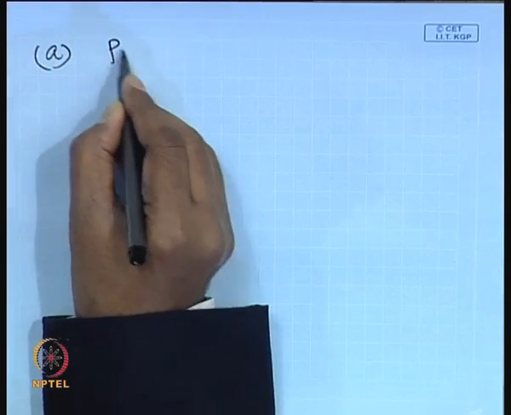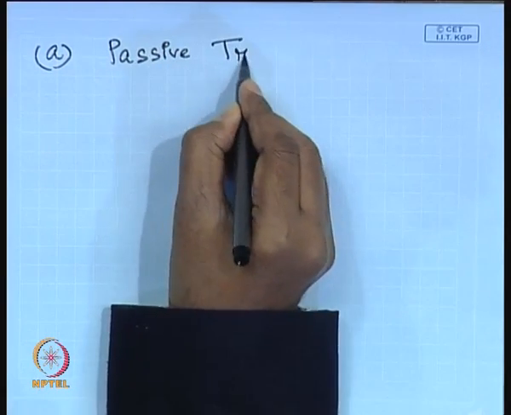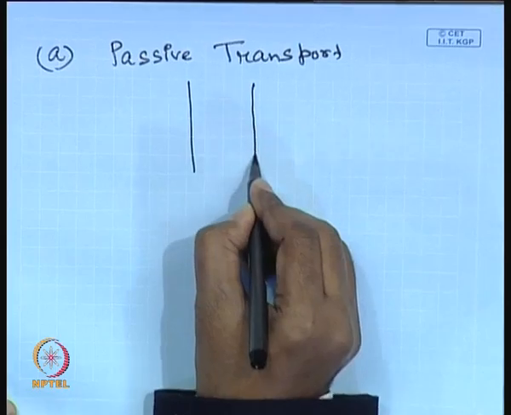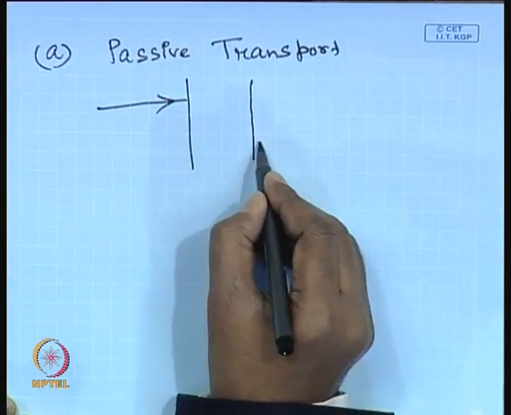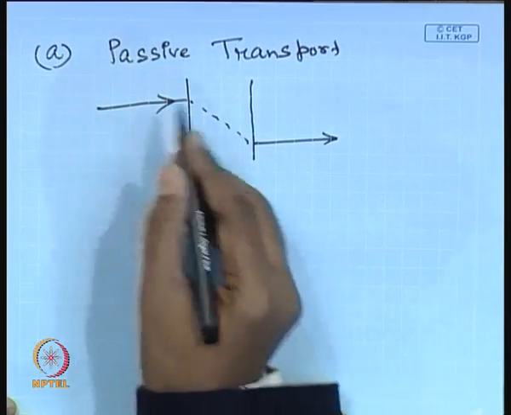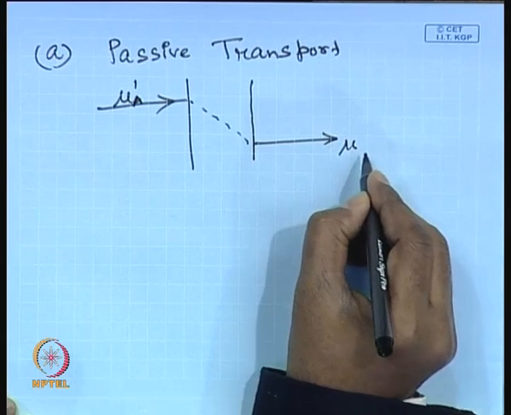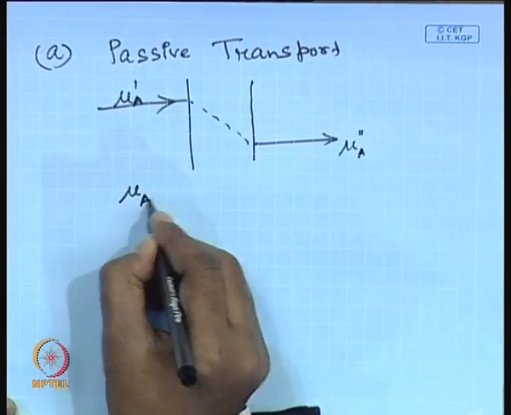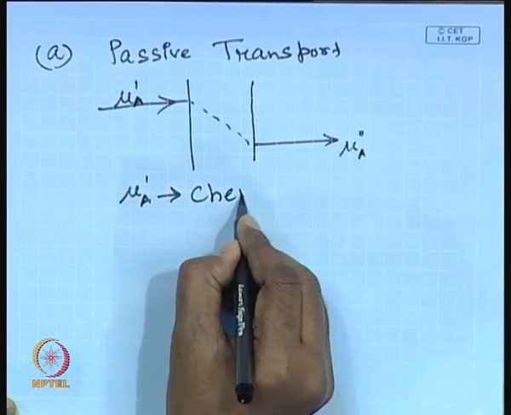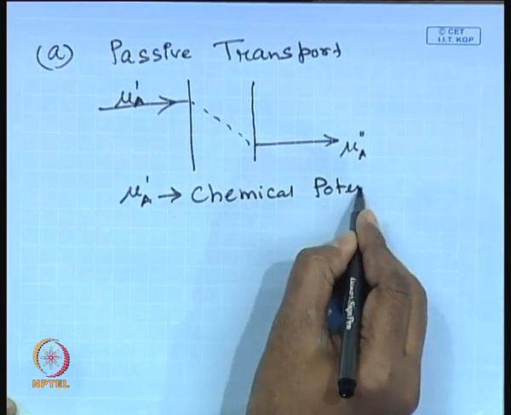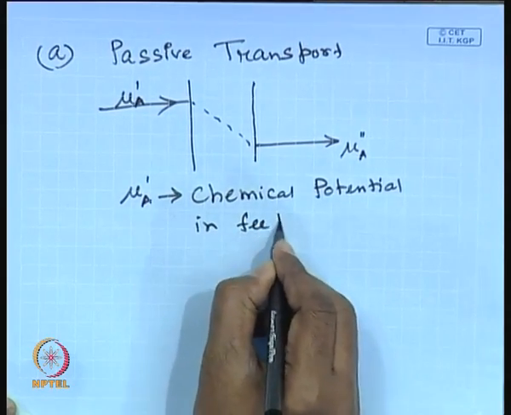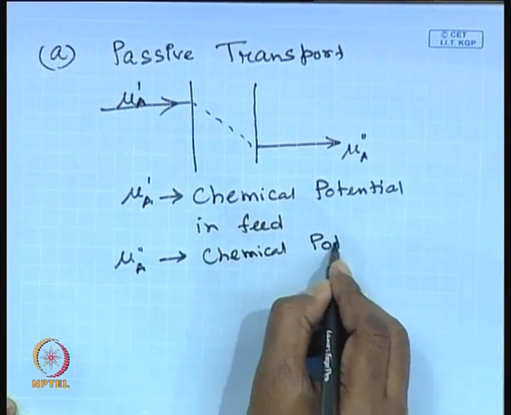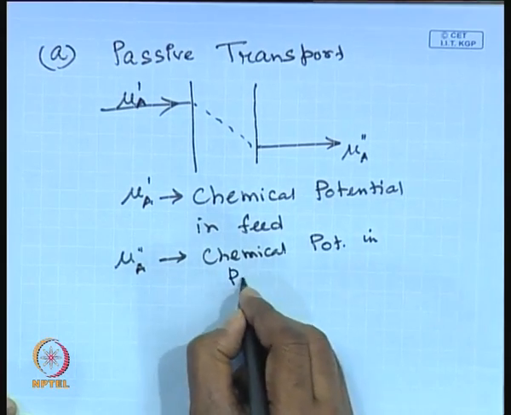The first one is passive transport. In passive transport, the solute will be transported through the membrane phase by the gradient of chemical potential, where mu a prime is the chemical potential in the feed stream, and mu a double prime is the chemical potential on the permeate side or downstream.